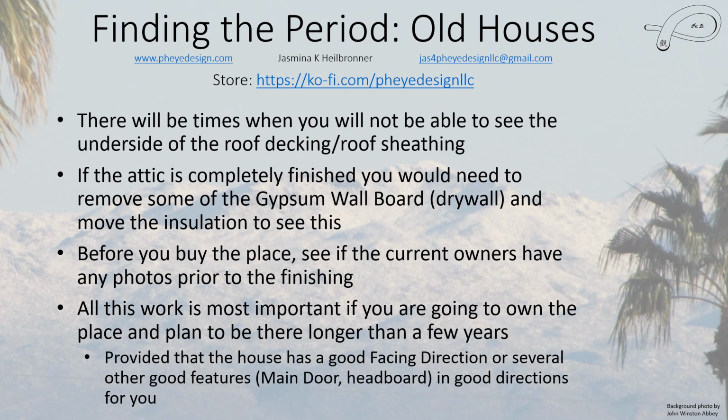If we can't figure this out, there's a couple ways to deal with it. But if you're only going to be there a few years, as long as the house has a good facing direction for you, or has several other good features, like the main door faces a good direction, your headboard where you're going to sleep is in a good direction, your range is in a good location and has a good direction for you.